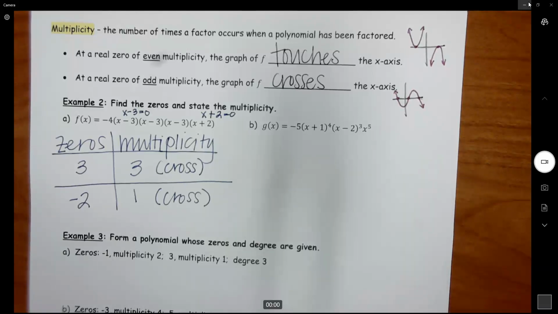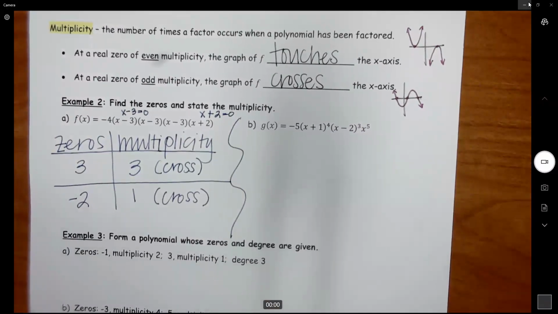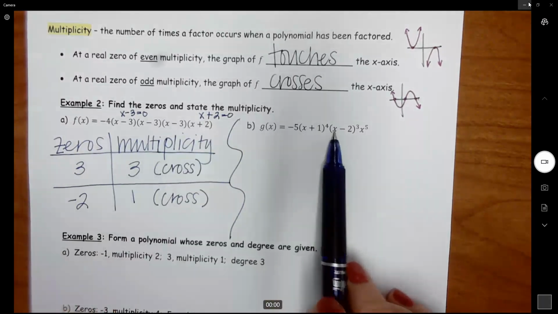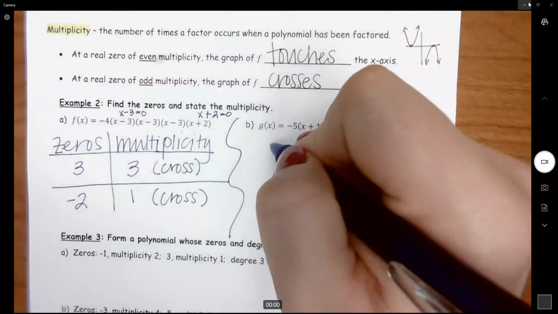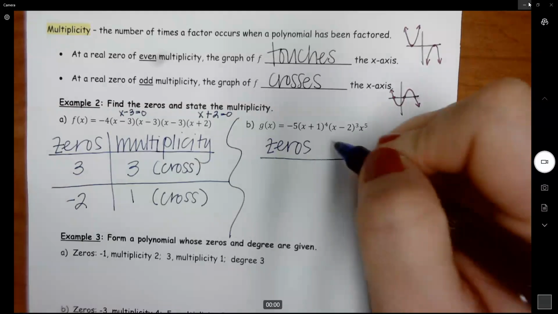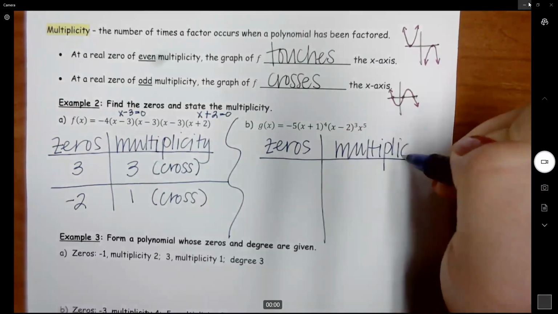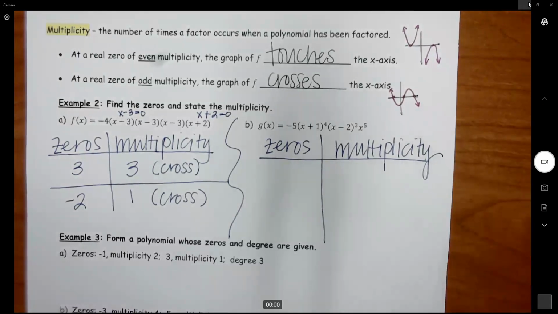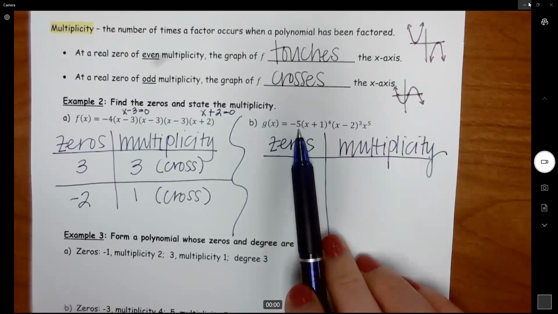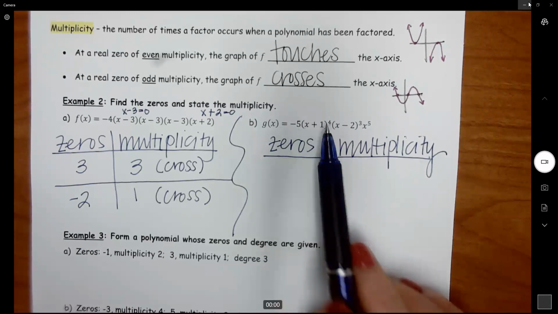Okay, similarly here. This one was all spread out. This one, they've kind of chunked them up for us. So if I do my same chart, the negative 5 is just a constant, so I'm not worried about that, but we've got x plus 1 to the 4th power.